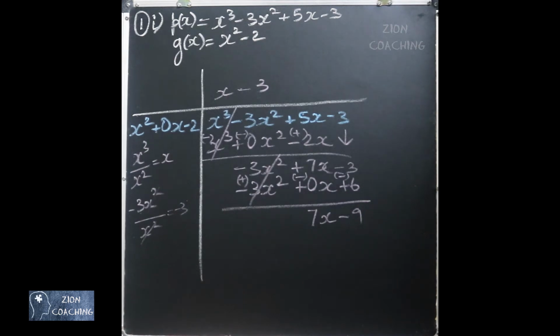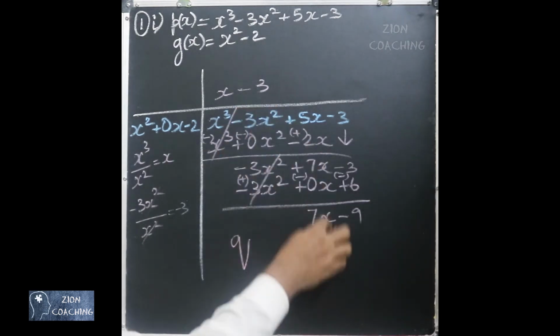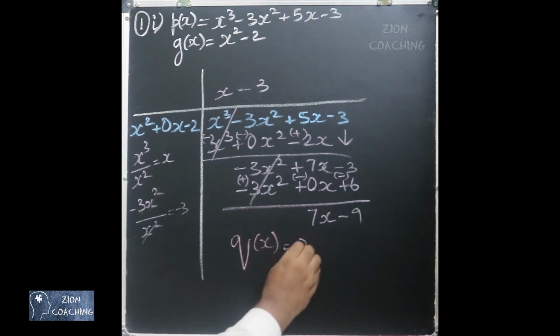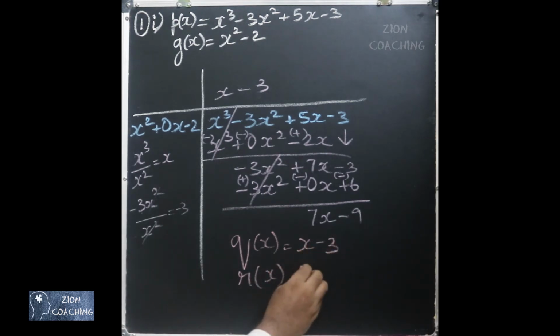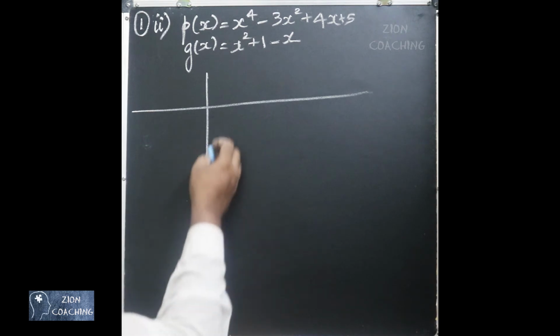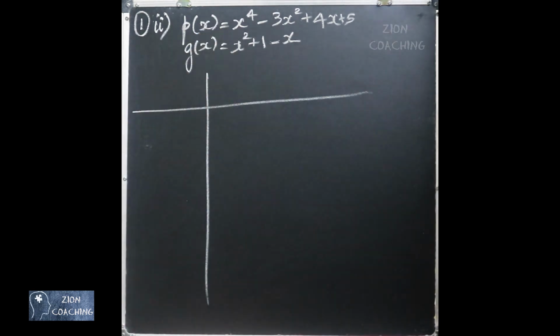So after dividing, they have asked us to find the quotient and remainder. We have found the quotient and remainder. The quotient q of x is equal to x minus 3 and the remainder r of x is equal to 7x minus 9. Now we are going to divide this p of x by g of x and find the quotient and remainder.